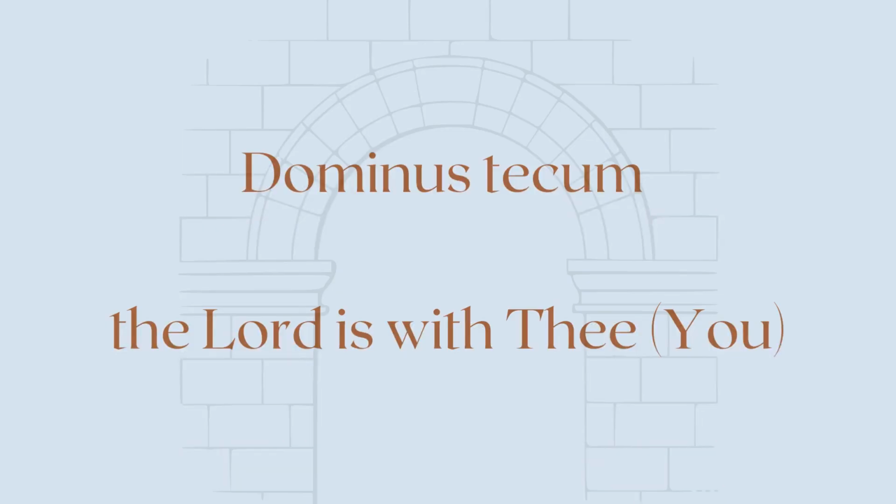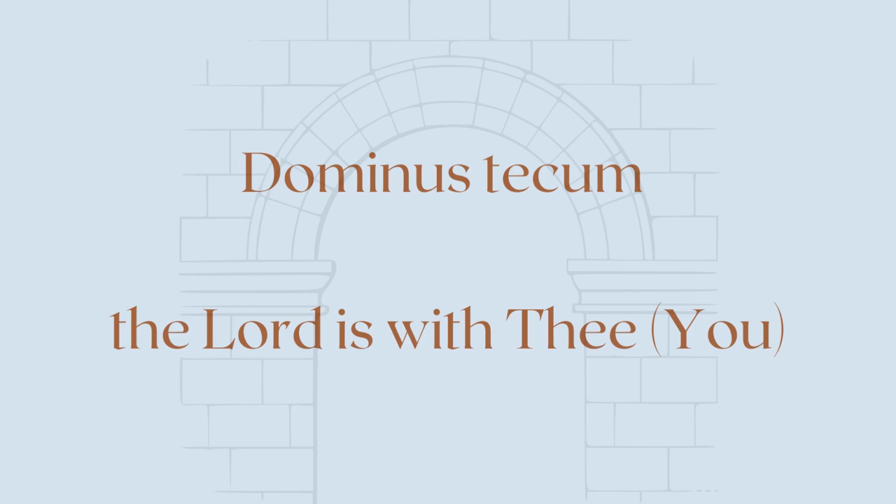Dominus tecum, the Lord is with you. Now, as you know, Dominus means Lord, and tecum you may not have come across before. This is 2 Latin words being joined together. And in Latin that does occasionally happen. It happens in English too with compound words.